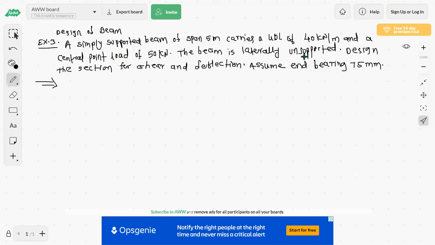The beam is laterally unsupported. Design the section for shear and deflection. Assume end bearing 75 mm.